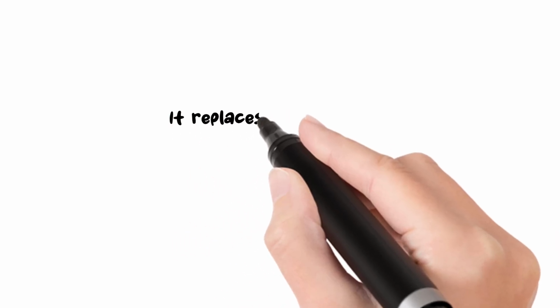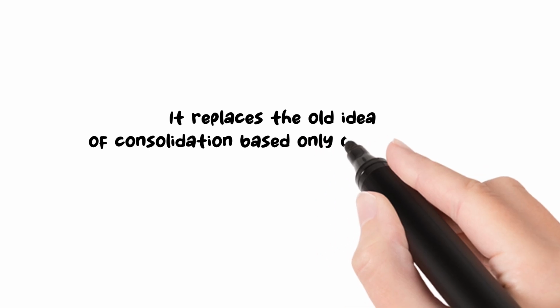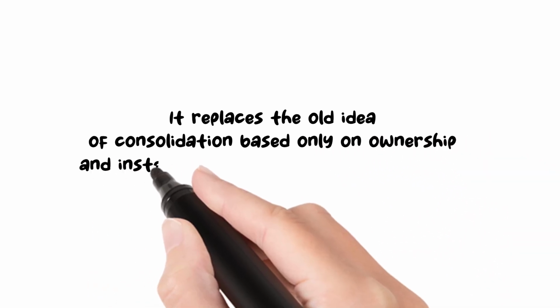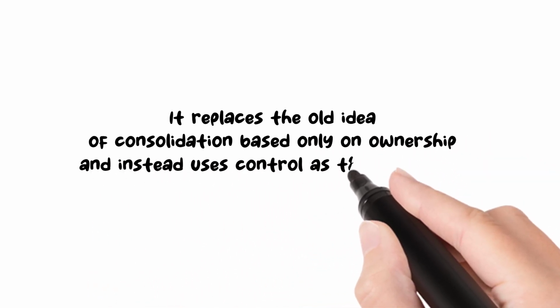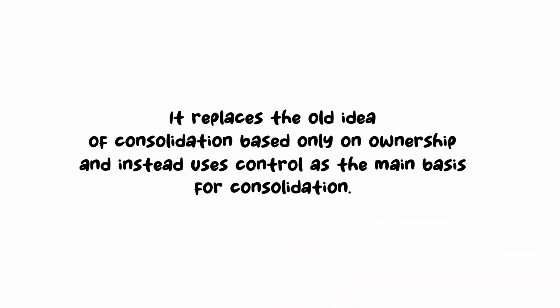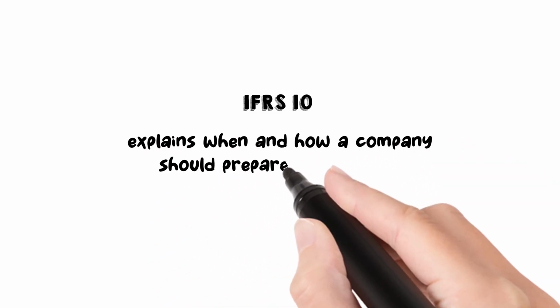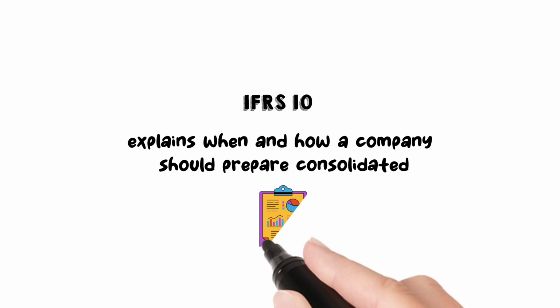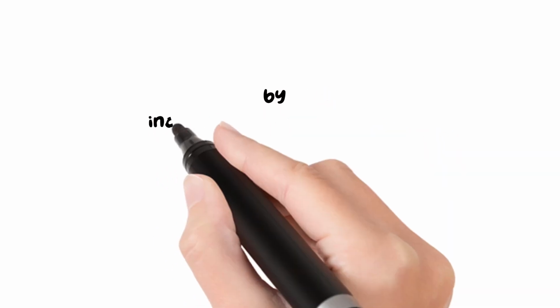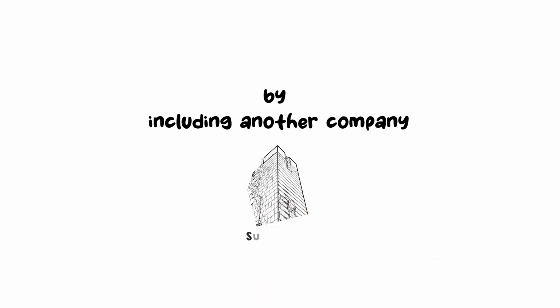It replaces the old idea of consolidation based only on ownership and instead uses control as the main basis for consolidation. IFRS 10 explains when and how a company should prepare consolidated financial statements by including another company as a subsidiary.